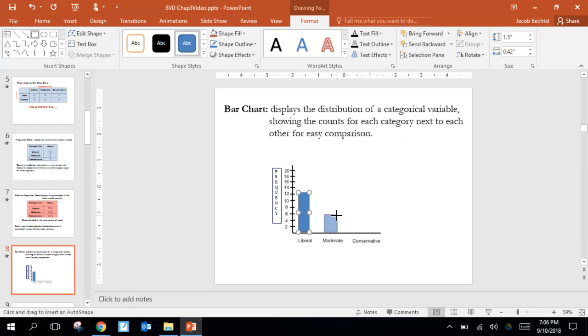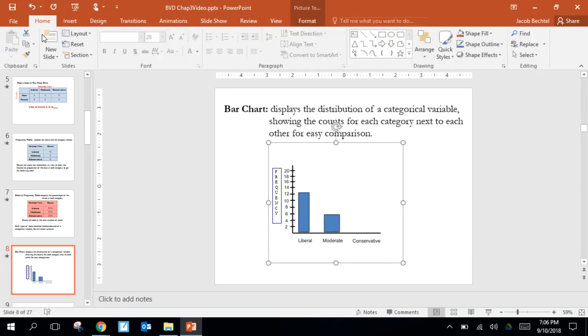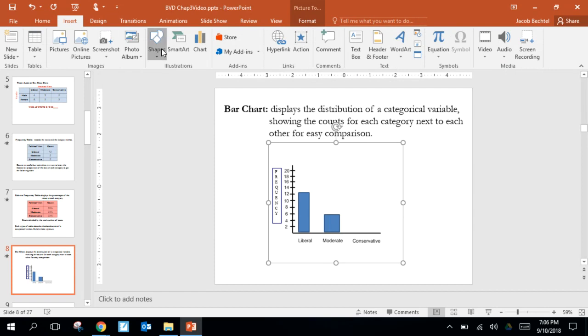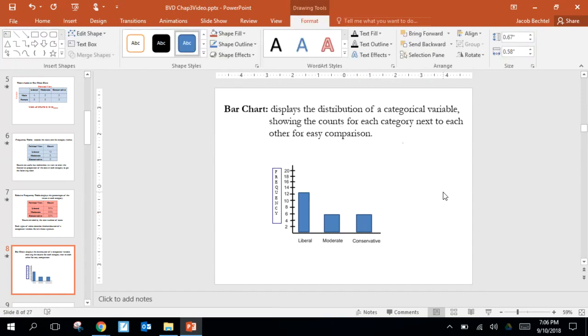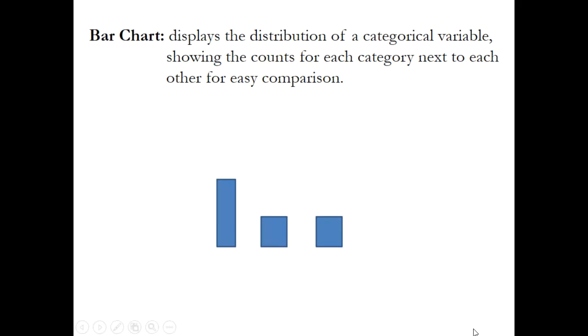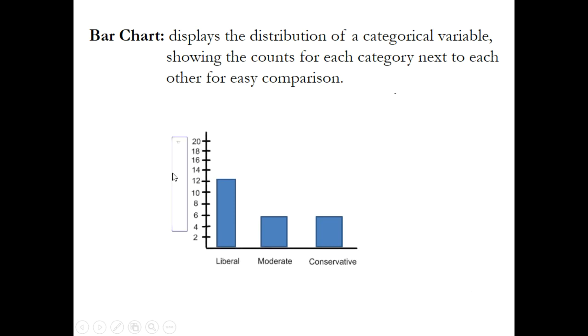So I'd make a bar going up to 5 for moderate, and then I'd make a bar going up to 5 for conservative. And of course, in order to complete our graph, I have to tell people this is a frequency.